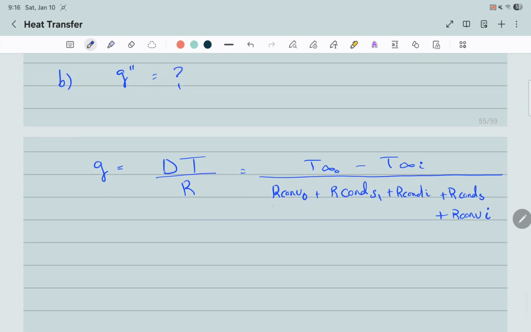Okay, now we need to write the values of these terms.